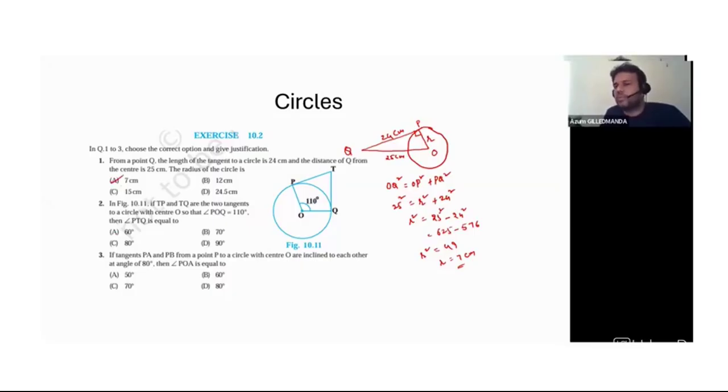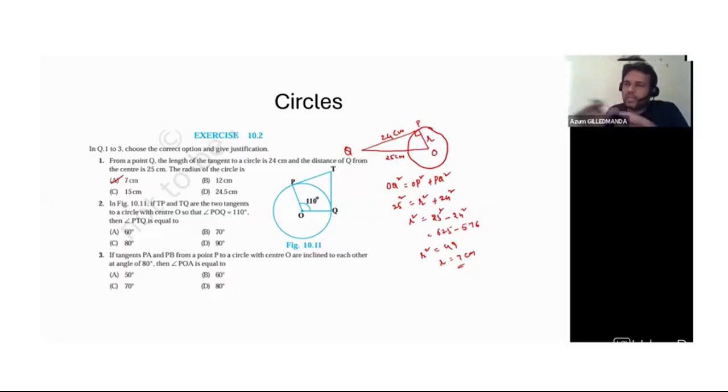So these types of problems they'll give, it is very simple. We know that the tangent and the radius make 90 degrees. So that forms a right angle triangle. Just apply Pythagoras. If you apply Pythagoras, whatever side you don't know, you can find. Sometimes they'll give the radius and ask you to find the length of the tangent.